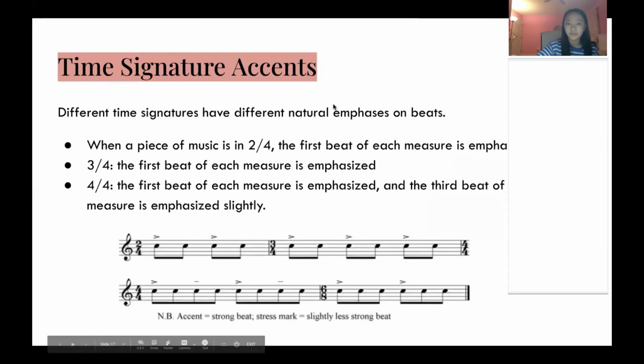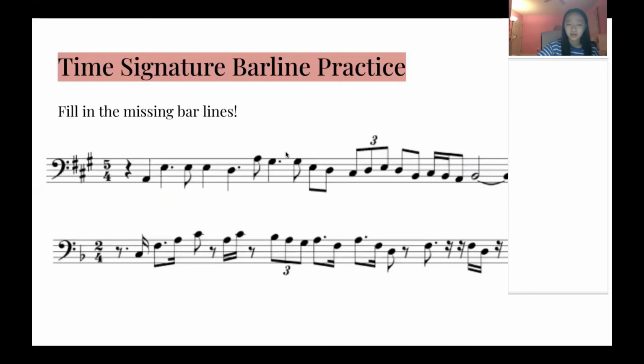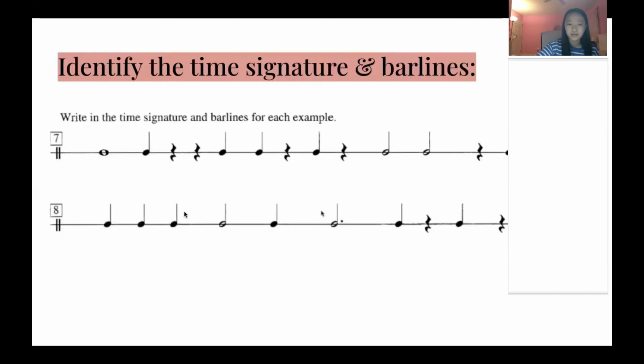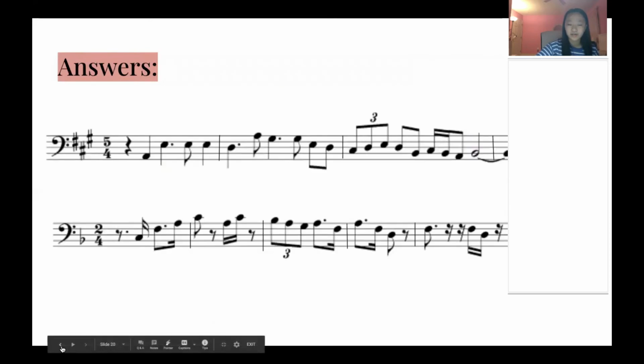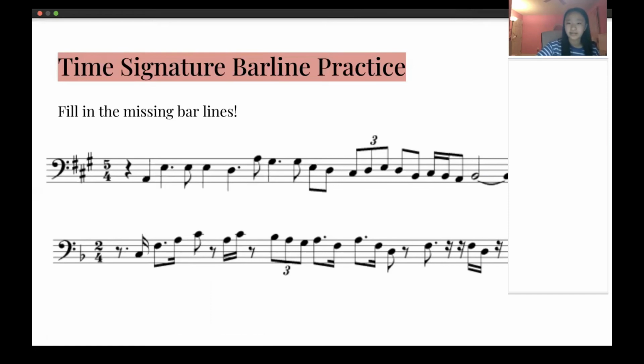Okay, we have 8 minutes left, so we're only going to do, okay, let's just do one of these. Hold on. Okay, these ones are a bit harder, so I'll try to add them on the homework and you guys can try them out. Let's do the one with 5/4 because it's in 4 and we know how to count that.